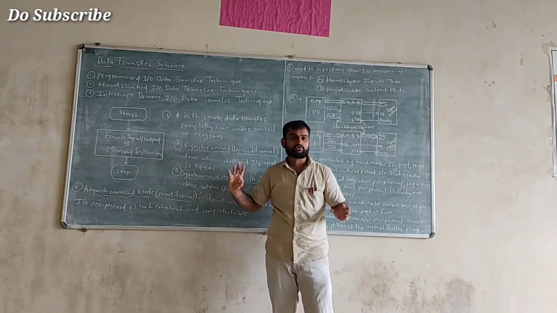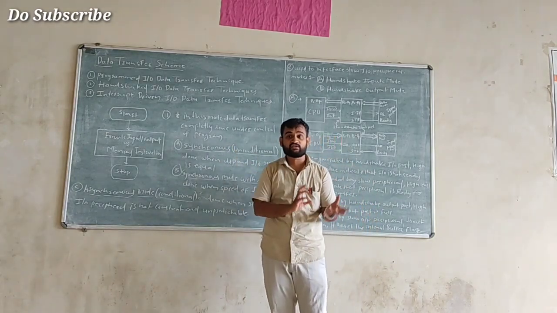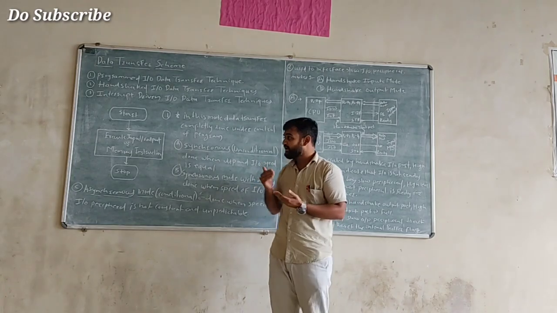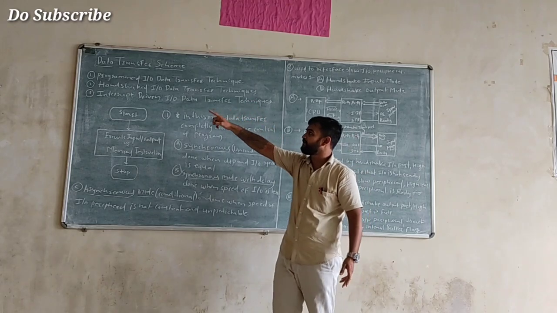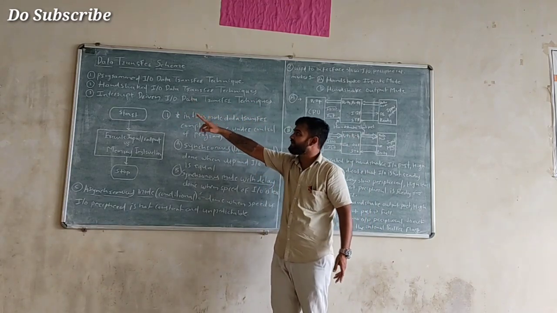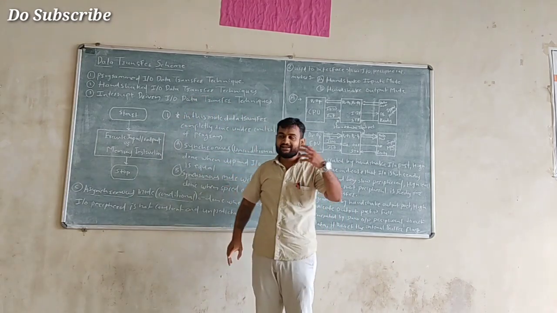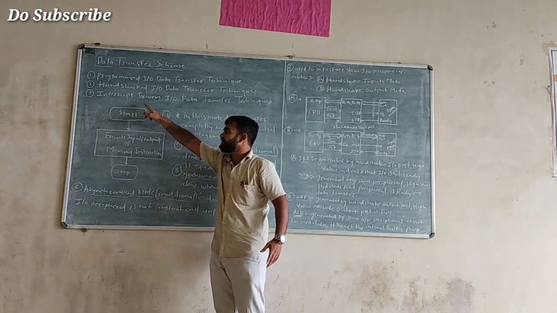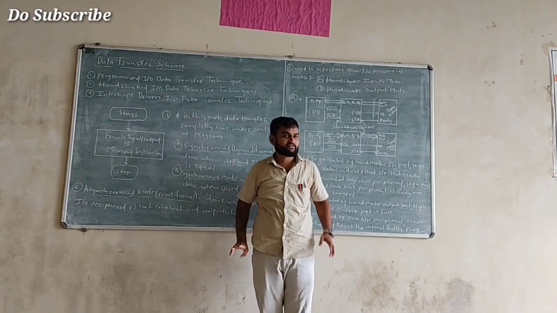Multiple times we have to check whether the device is ready or not, or whether its speed matches the CPU. This kind of excessive work has to be done in both program IO and handshake IO. To eliminate this problem, we introduced the next data transfer scheme, the interrupt driven IO data transfer scheme.